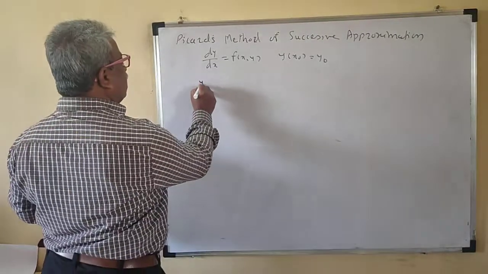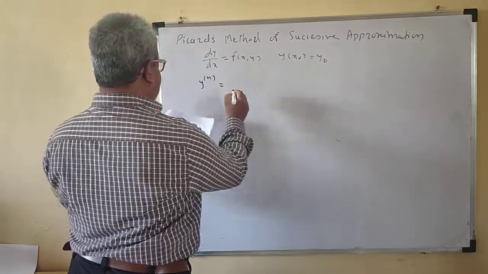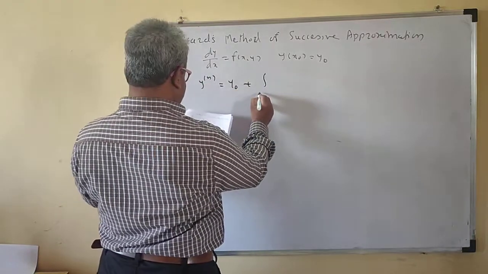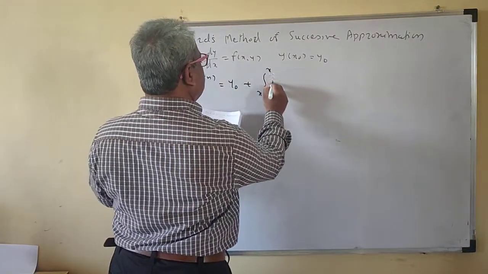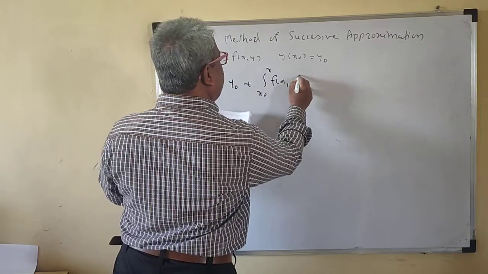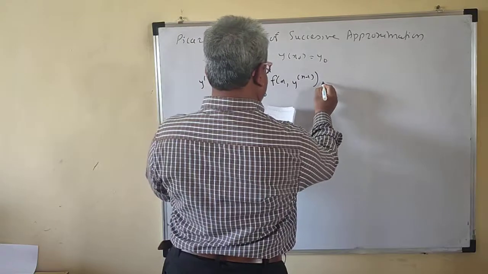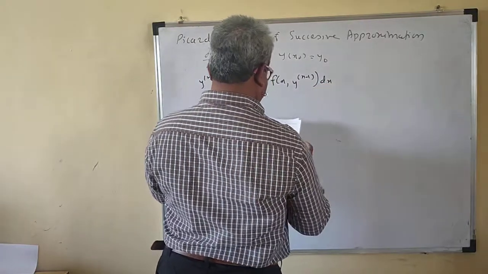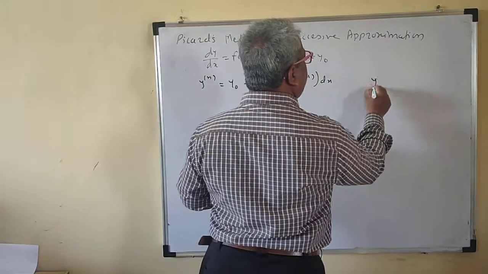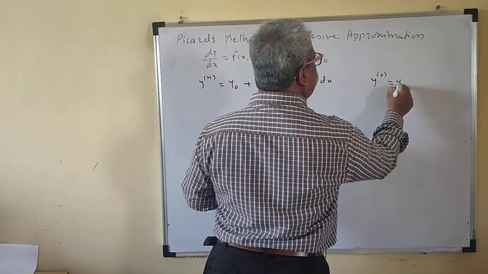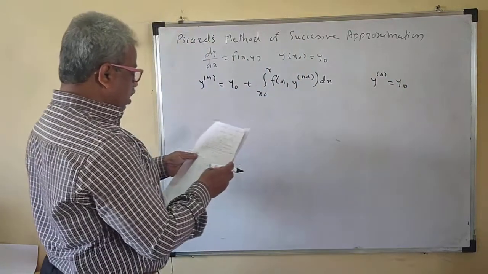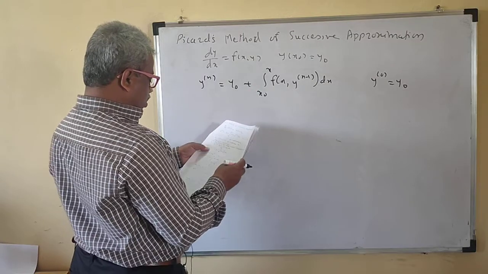Then we will write the formula directly. This is y n is equal to y naught plus integral from x naught to x of f of x, y n minus 1, dx. Remember the formula, where y of 0 is equal to y naught, your starting value.